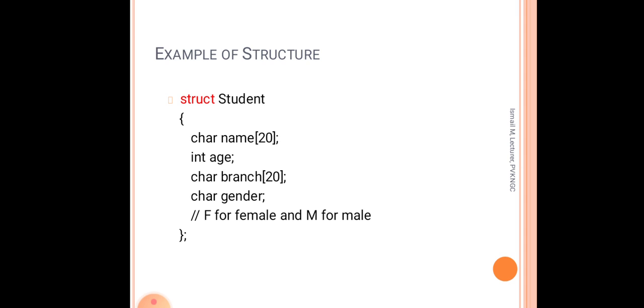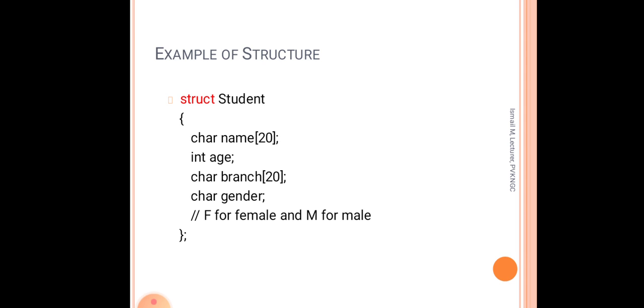So you can store up to 20 characters in the name variable. You can store up to 20 characters in the branch variable, but you can store only a single character in the gender variable. We use F for female and M for male.